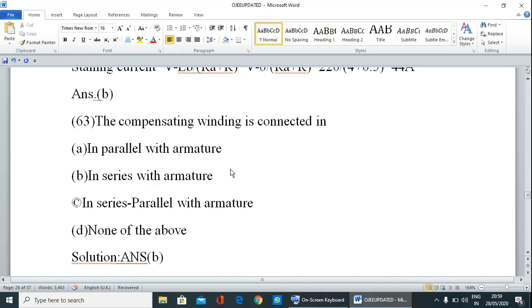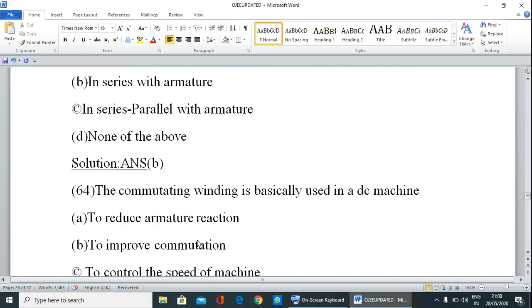Therefore, to reduce that armature reaction, we connect the compensating winding in series, 180 degrees out of phase, so that the distortion effect is nullified because it opposes the armature reaction. So the correct answer is B.